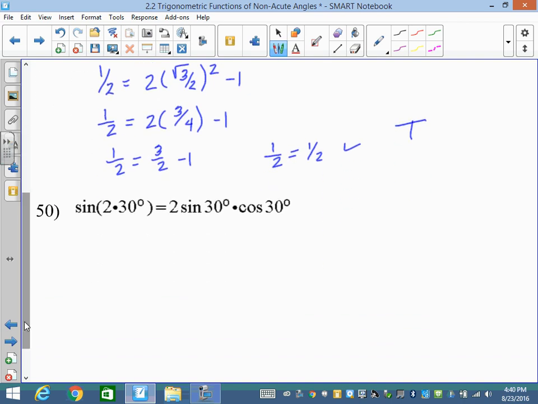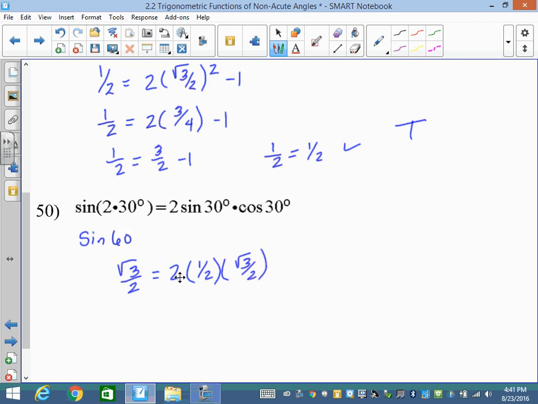Okay, so why don't you pause the video and try the last one and see how you do. Okay, so let's see how you did. So sine of 2 times 30 is really just the sine of 60. So this gives us radical 3 over 2 equals 2 times the sine of 30, which is 1/2, times the cosine of 30, which is radical 3 over 2.